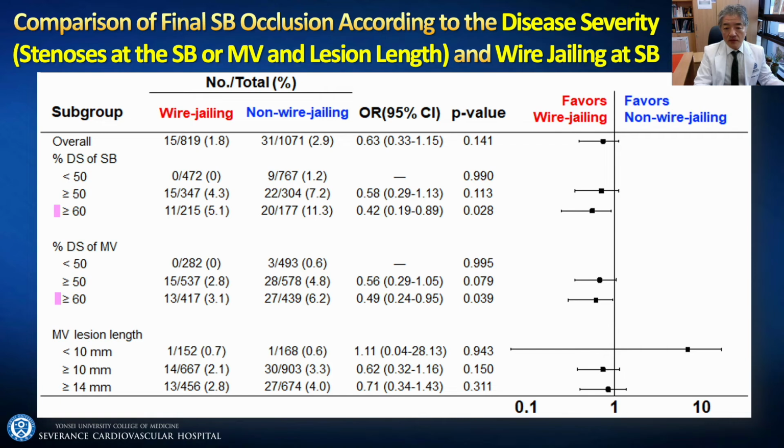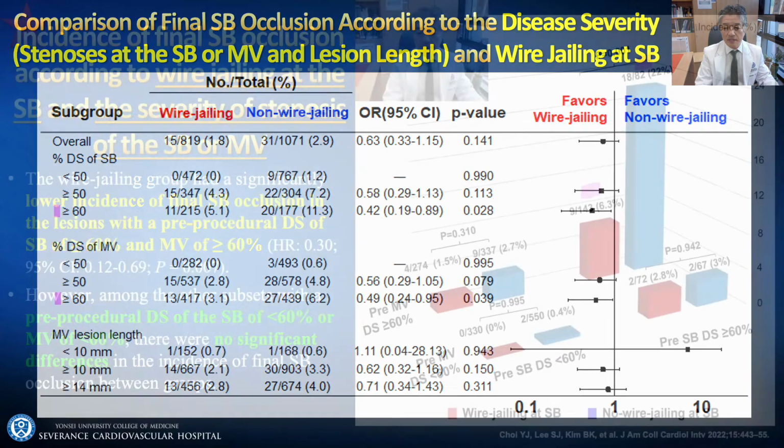When comparing final side branch occlusion according to disease severity and wire jailing in the side branch, although the incidence of final occlusion after stenting in all patients was not significantly different between the two groups, the wire jailing group had a significantly lower incidence of final occlusion in the lesions with pre-procedure diameter stenosis of the side branch of greater than 60% or main vessel of greater than 60%.